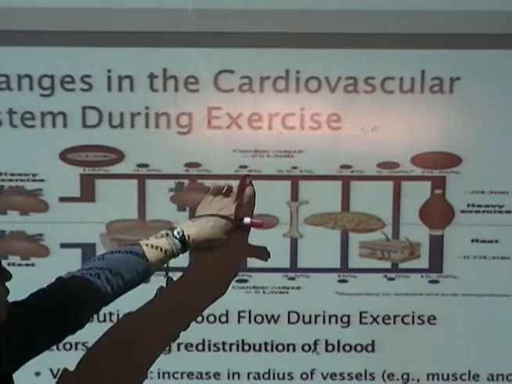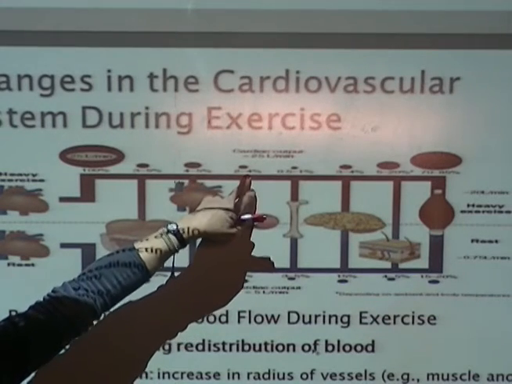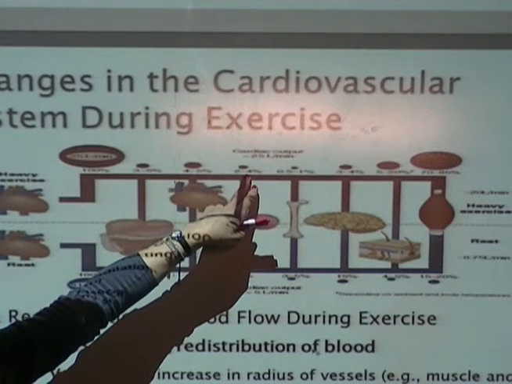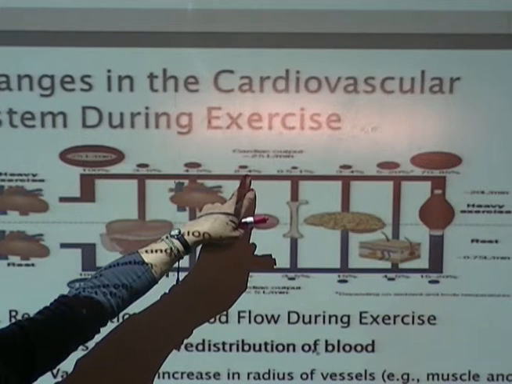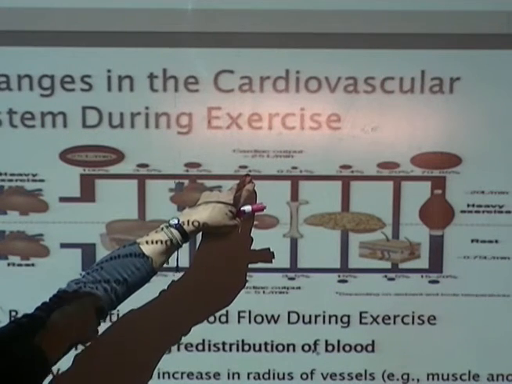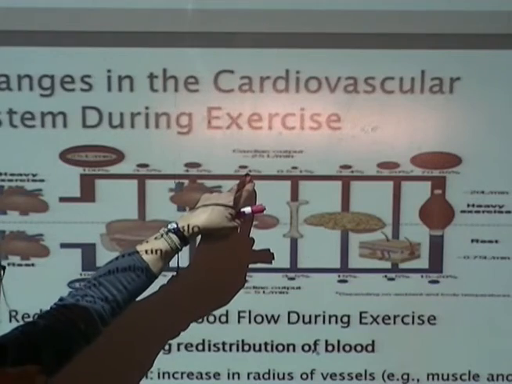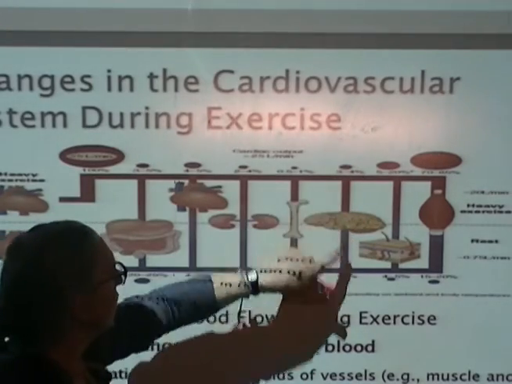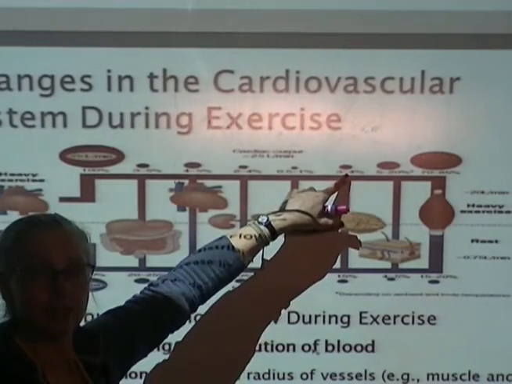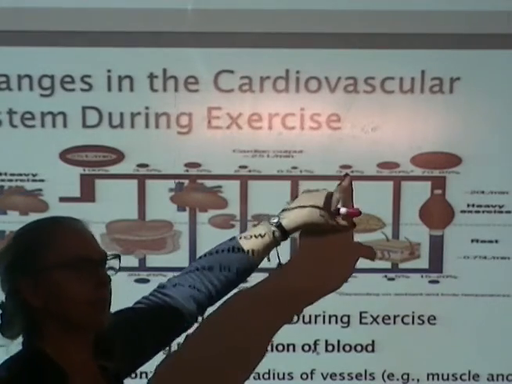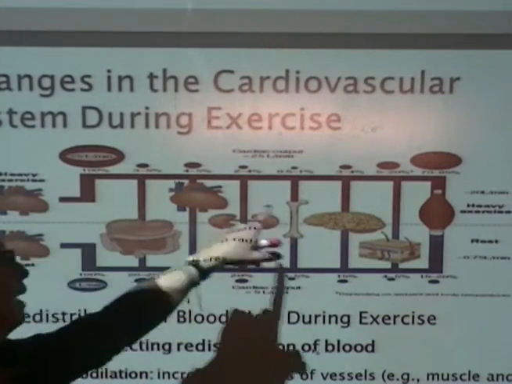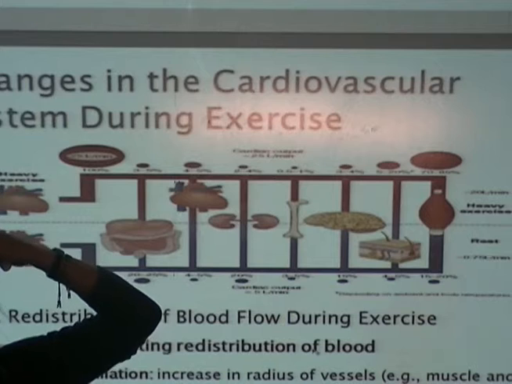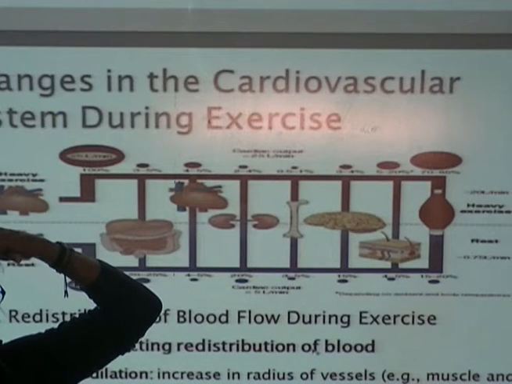Okay? Kidneys drops down to about 4%. So something you might notice the next time you go for a long run or a bike ride is that you don't need to go for a pee, because your kidneys stop making urine while you're exercising really hard, right? A little bit to your bones. Again, we see a drop to the brain down to 3 to 4%, but remember, it's 3 to 4% of 25, and we have to drop that down because there's very little room inside your cranium, right?